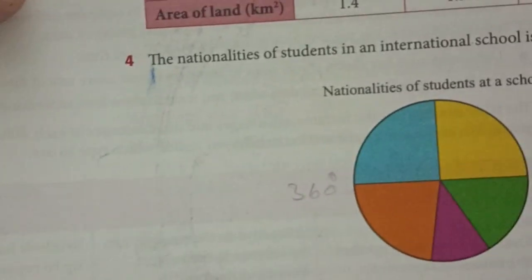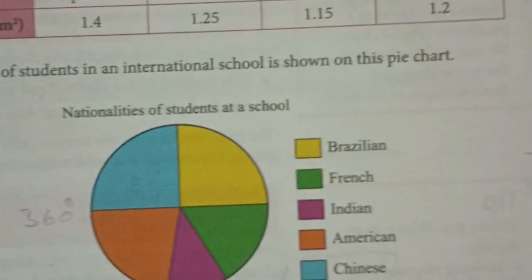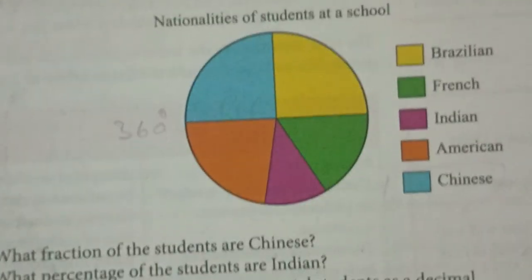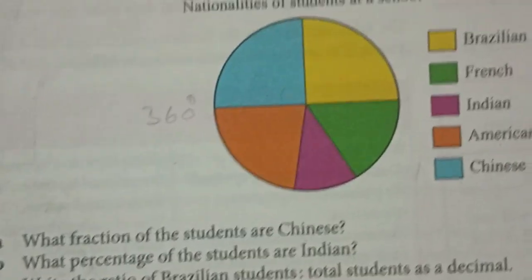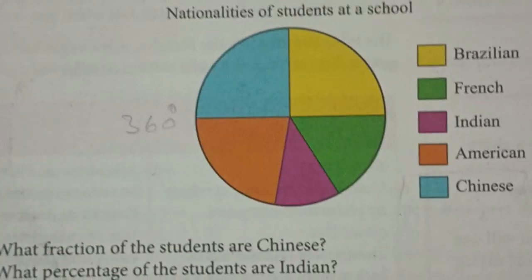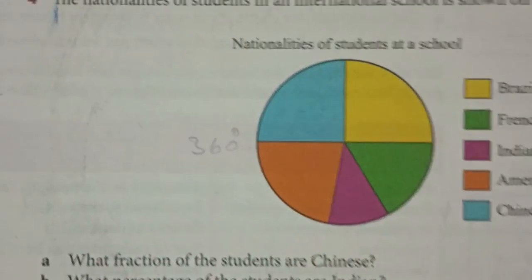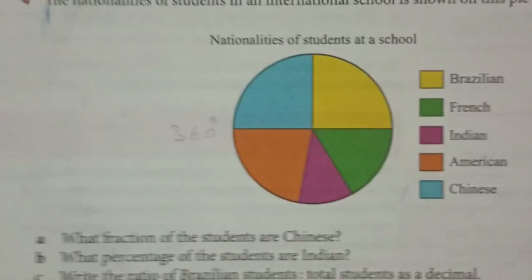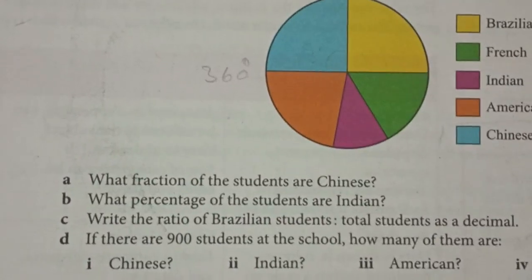The nationality of students in an international school is shown on the pie chart. So there are Brazilian students with the yellow mark and the French with green, Indian are purple, American are orange, and Chinese are blue. And there are four questions asked: A, B, C, D. I'll read them to you.